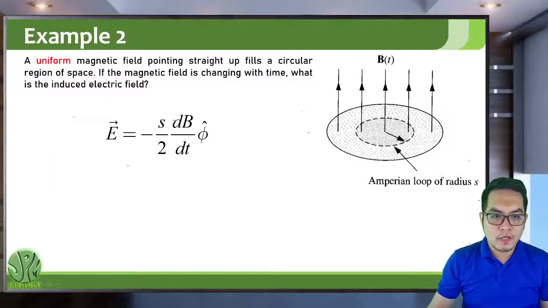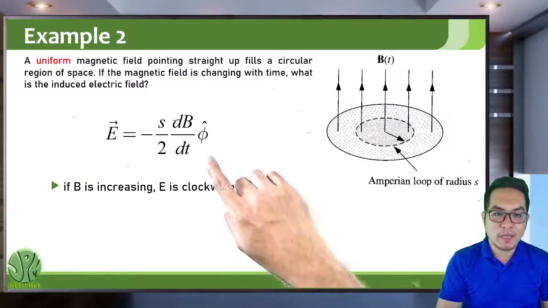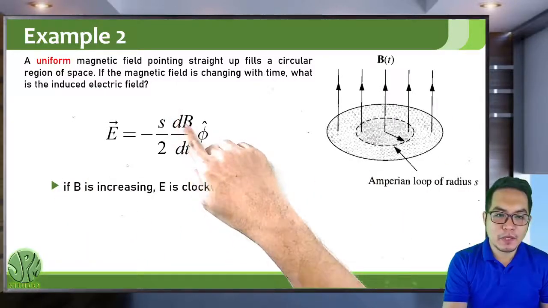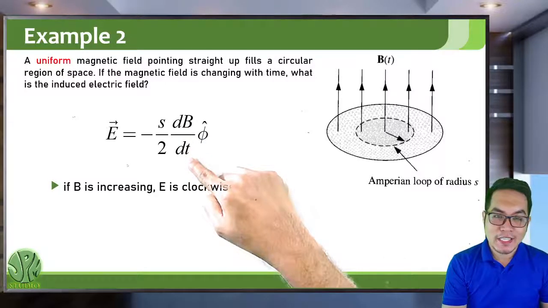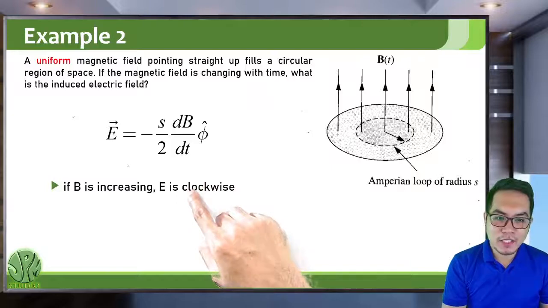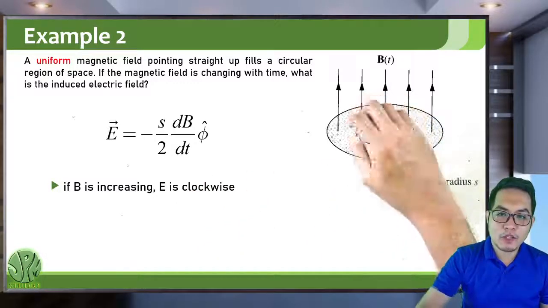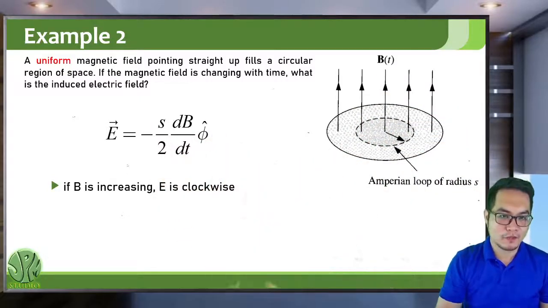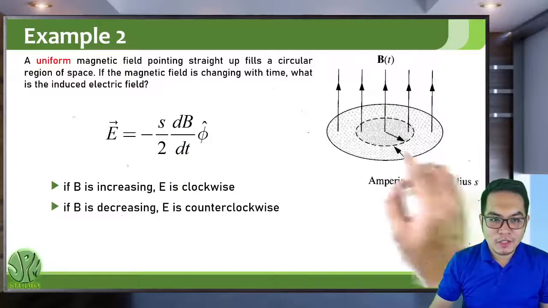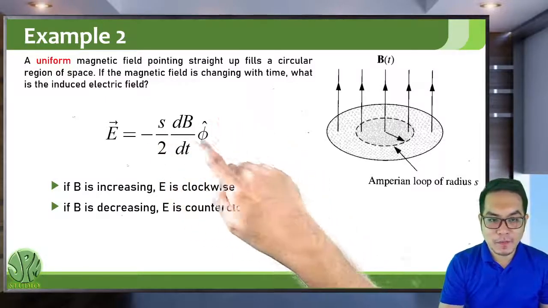So if B is increasing, meaning dB dt is positive, the direction of the electric field is clockwise, in the opposite direction, so negative phi hat. But in the event that B is decreasing, so dB dt is negative, there's a negative sign here, so you will have a positive phi hat direction.